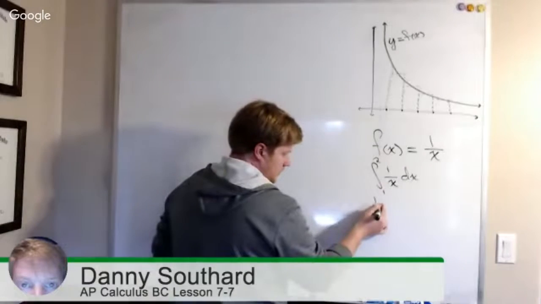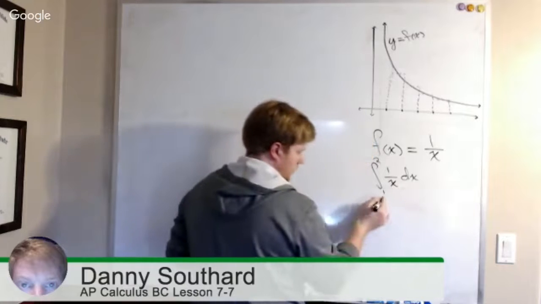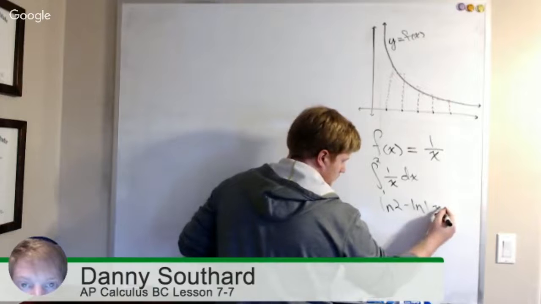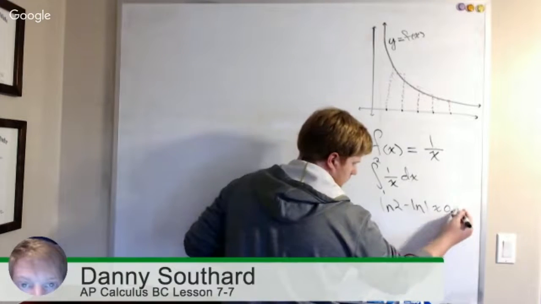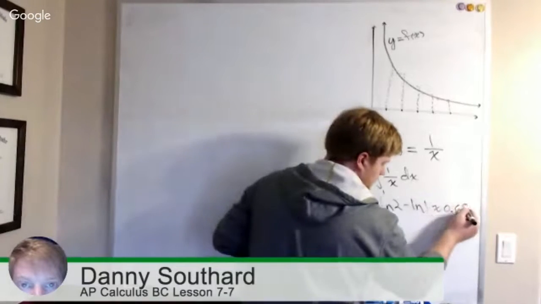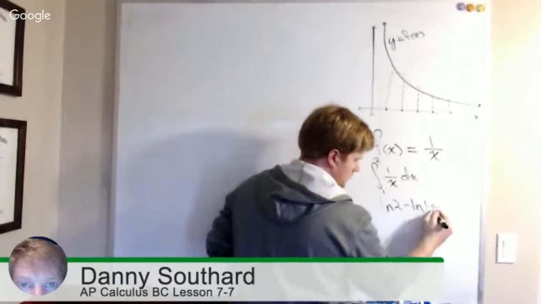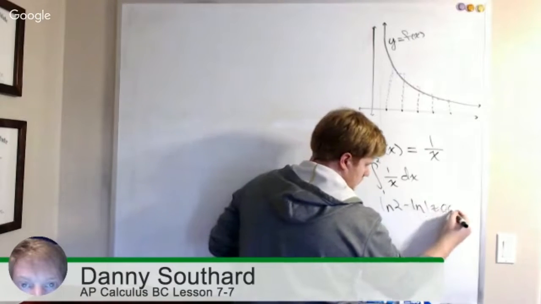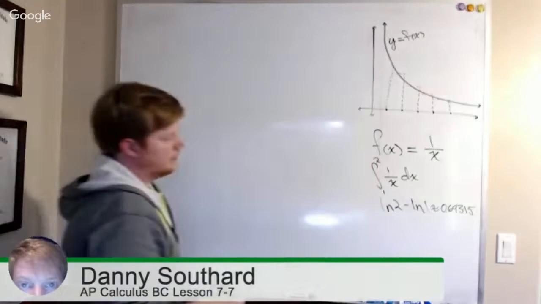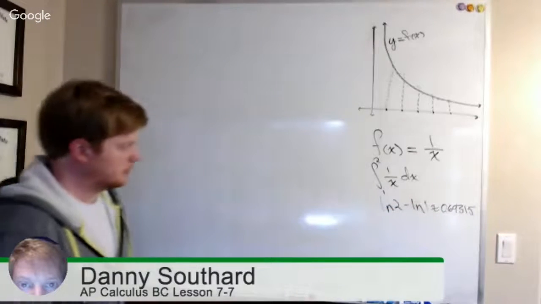This is just the natural log of 2 minus the natural log of 1, which is about 0.69315. We'll come back to that actual value at some point as well today.